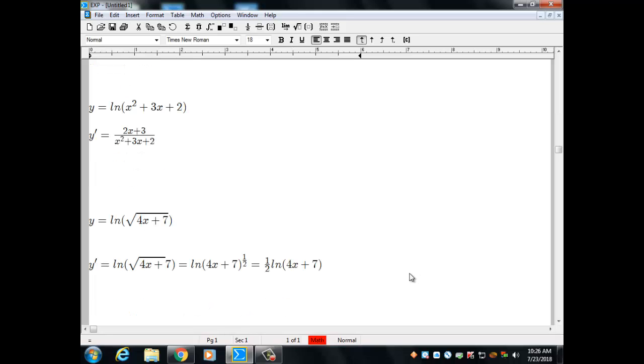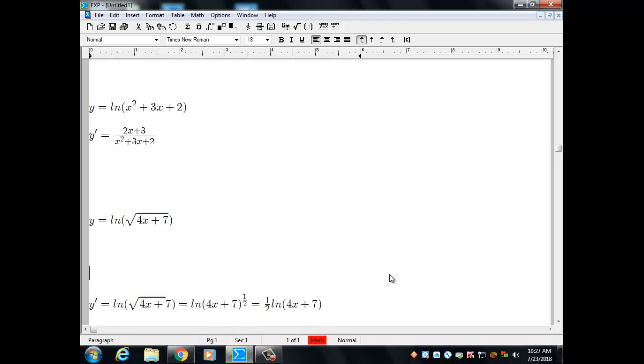So that's a recall, right? Recall that ln a raised to the b was equal to b ln a.